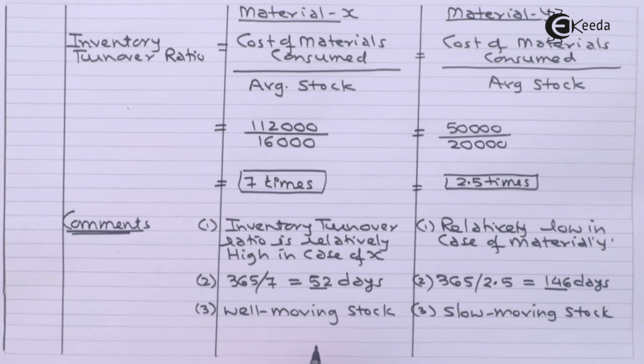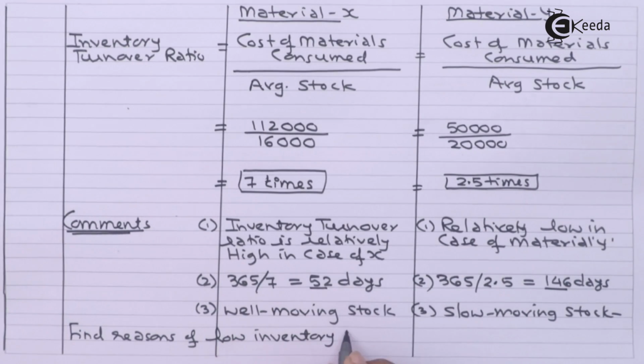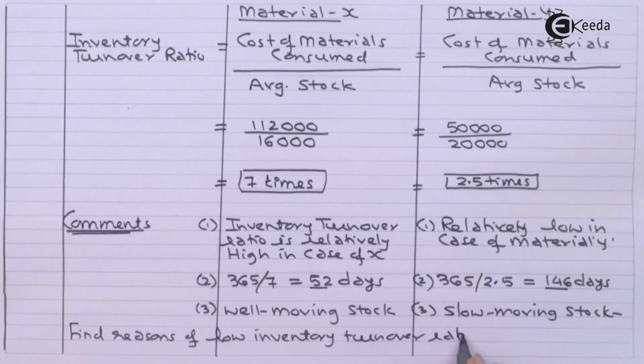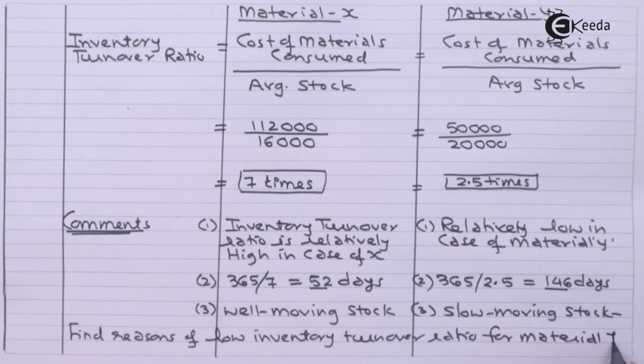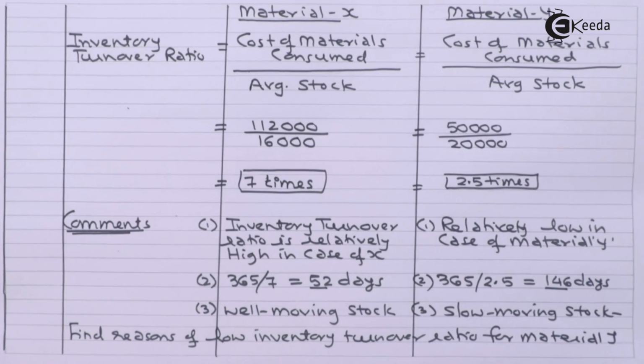In case of material Y, as it is a slow moving stock, management is required to find out the reasons why the inventory turnover ratio for material Y is low.